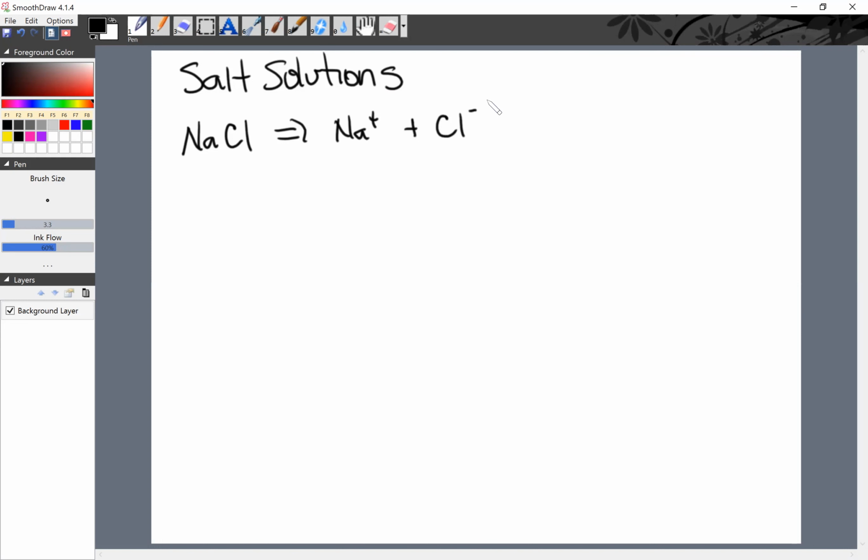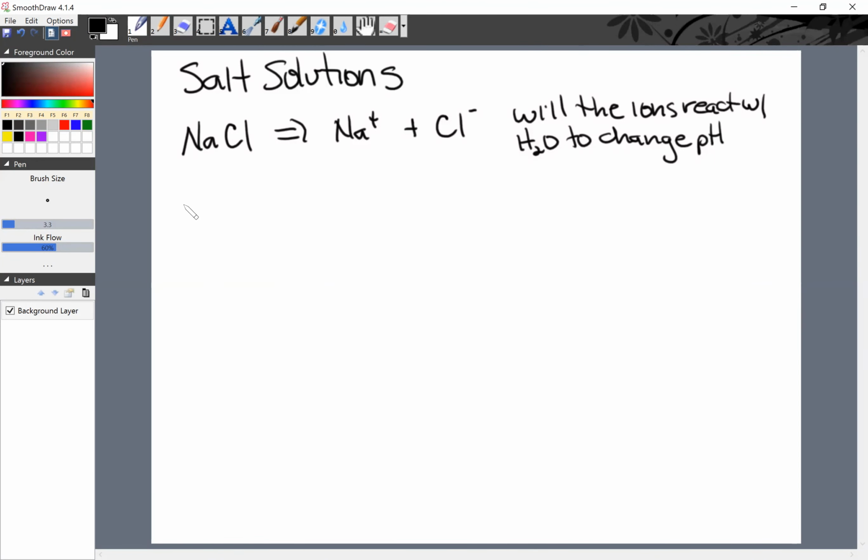My question is, will the ions react with water to change the pH? So we're going to do the equations first before we do the shortcut.